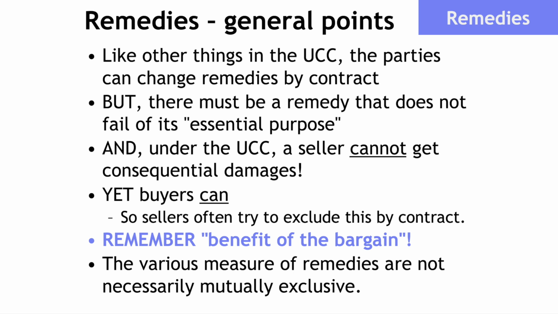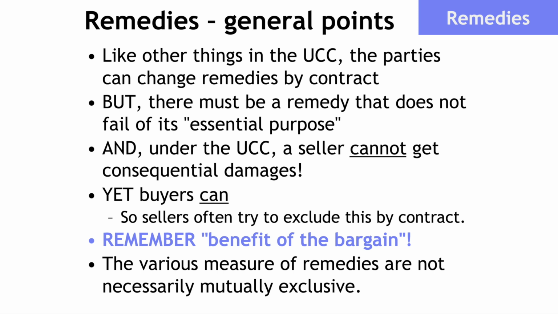So you contract to buy a pair of shoes from me, and I don't deliver them on time. You say, now I didn't have the shoes, I couldn't win the marathon, I would have gotten $100,000. It's pretty speculative, but maybe there's a situation in which it's not. Sellers don't want that, so they will try to get rid of consequential damages by contract.